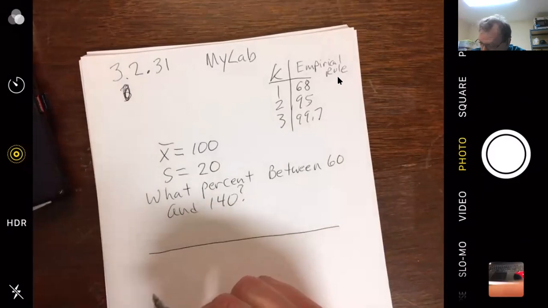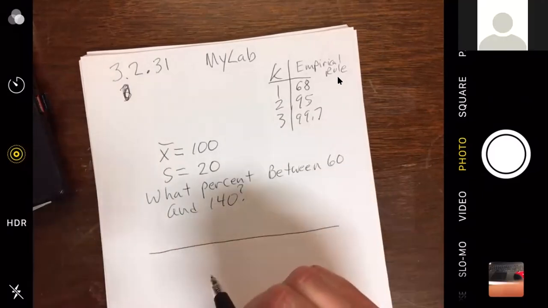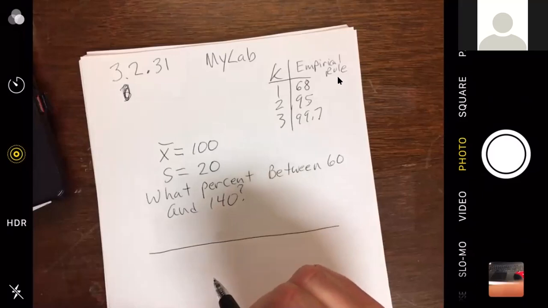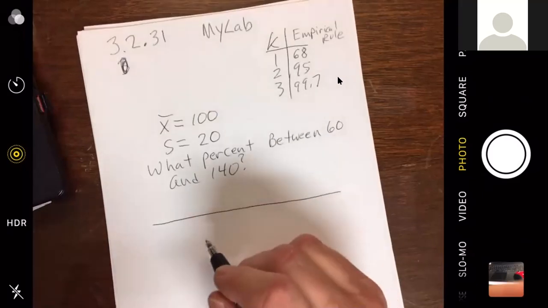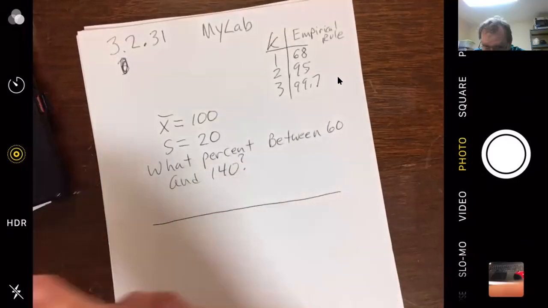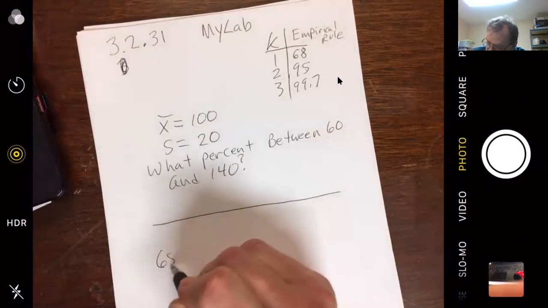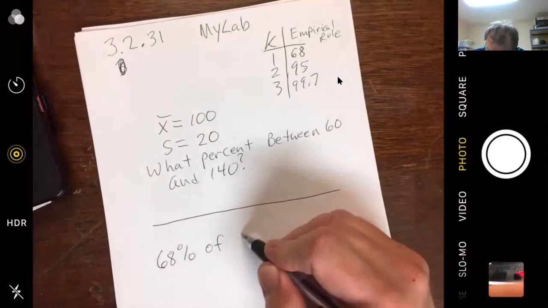Okay. So you're saying it's not worded like this? It's like this, but the first question, what they are asking is for you to give the range. I don't have the question, but it is in my lab. So maybe it's like 68% of the data are between what numbers?